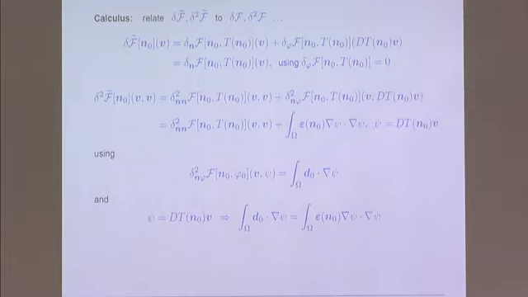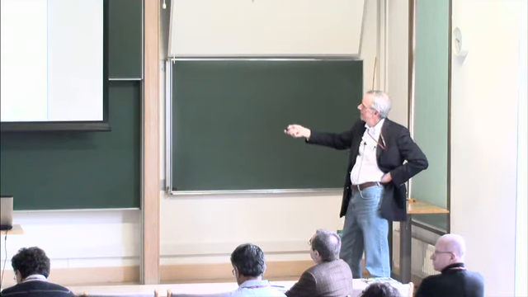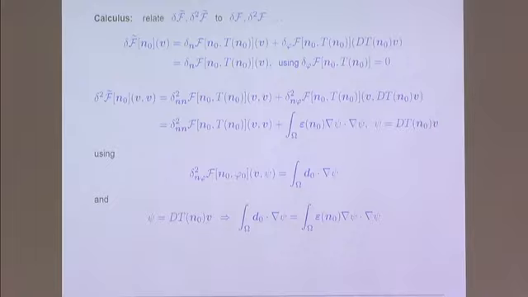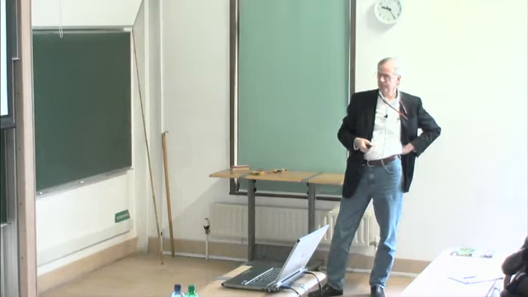The second variation is a little more complicated. You get a second variation with respect to N. You get a second variation involving the N phi coupling. There is again a chain rule term that introduces a derivative of your mapping T, and now you have to use two other facts to simplify this expression.